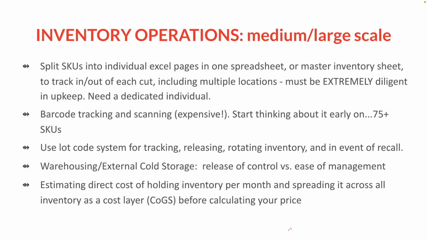Otherwise, you're going to have a large master inventory sheet that's recording this in and out of different cuts, and it's going to get pretty complicated. So separating it out into locations or into SKUs can be a solution, but again, this is where we're feeding into some other options for systems that Mariam's going to get to in a minute. And this takes a lot of diligence and a dedicated individual, right?